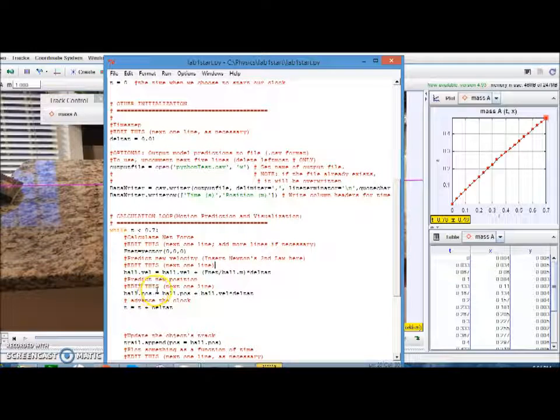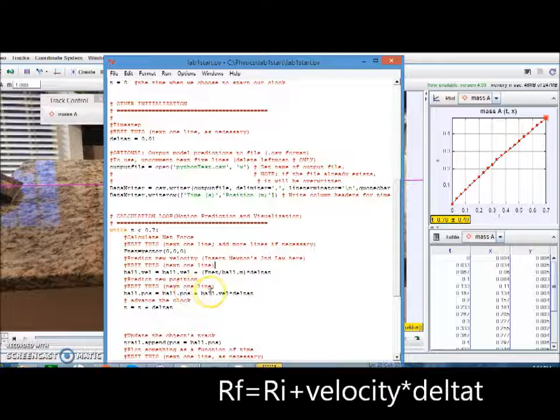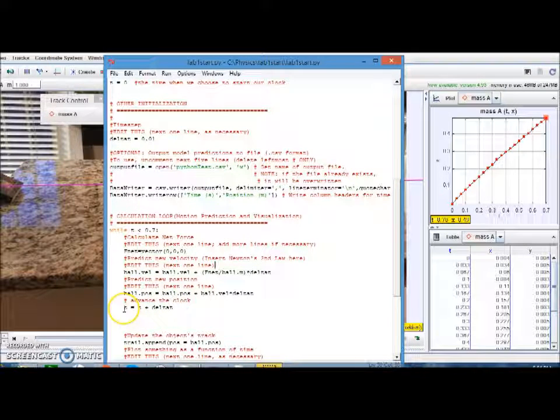Similarly, I did the same to find the new position, which is the initial position plus the ball's velocity times delta t. Then, I did not do anything to the t equals t plus delta t, which meant that as each new starting time occurred, there would be an accumulation of time steps, which would predict the position versus time graph.